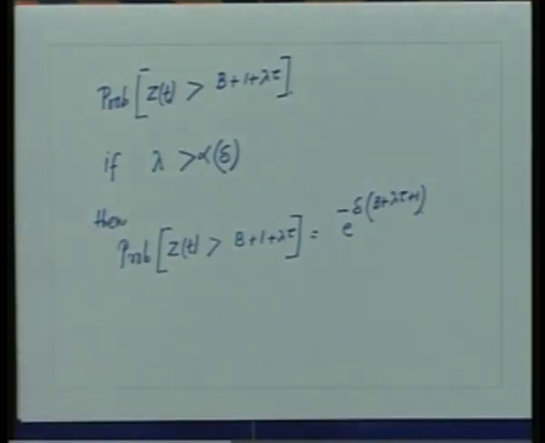Let us recap what we are doing. Essentially we are saying that there is a random traffic source which we are representing by AT.